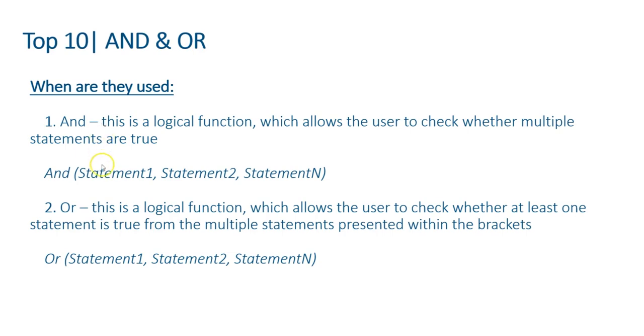It is going to show false if one statement, for example, is false, but it is going to show true only in the case where all statements are correct. Whereas OR will show true when at least one of the statements that we have added is true. So if we have 3 statements, as in this case here, and 2 of them are false and 1 is true, it is going to show true.